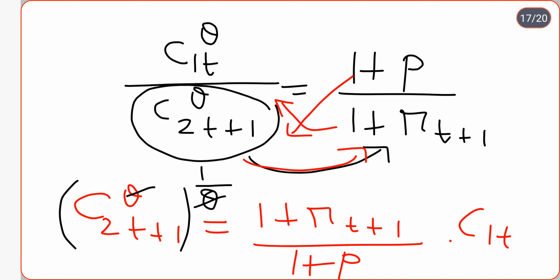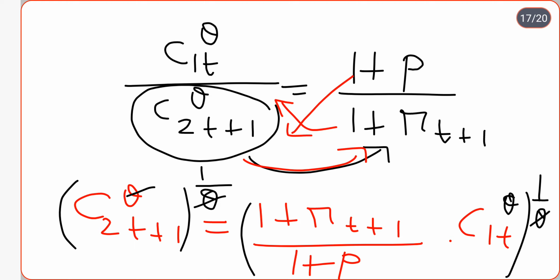So we have to take the exponential on both sides. Both sides mean we have to take the exponential of this portion also, since this is also theta.